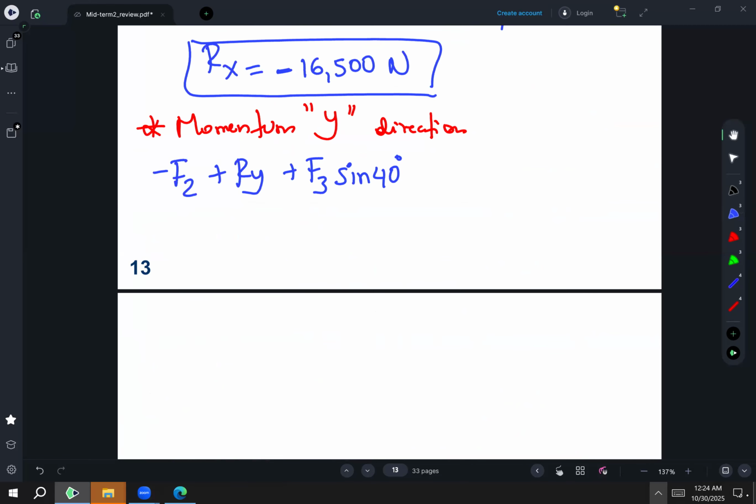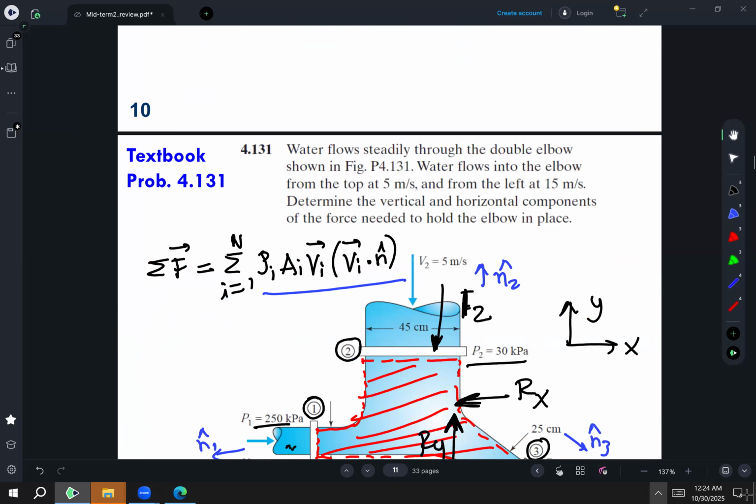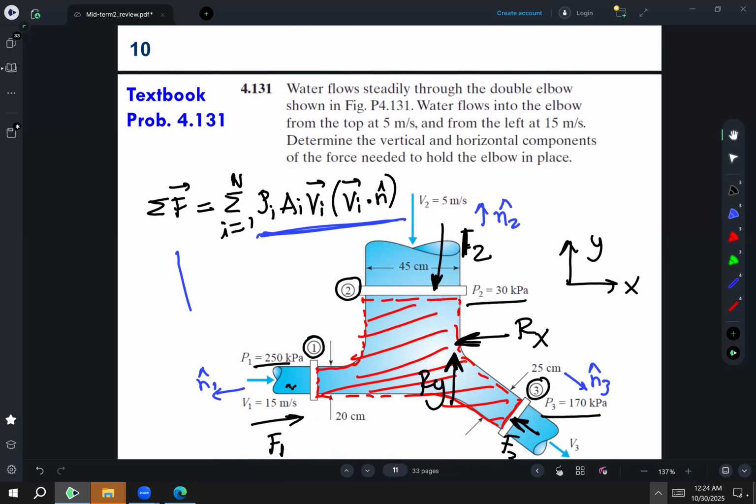And then now we are going to have the momentum for pipes 2 and 3, because the momentum of pipe 1 in the y direction is 0. Okay, so let's do that.